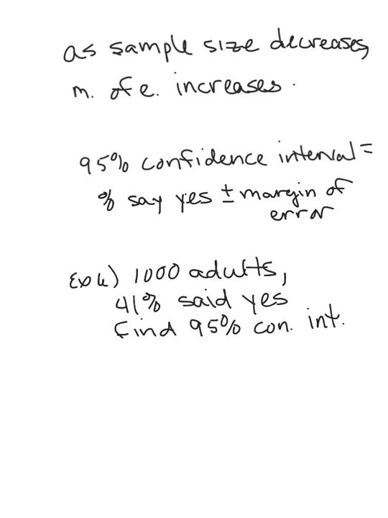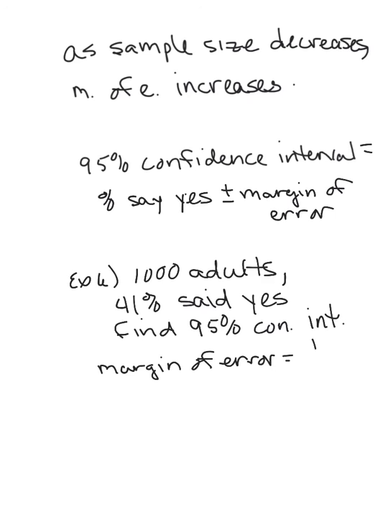So we have our percent who said yes, the first thing that we are supposed to have in a 95% confidence interval. What we don't have is the margin of error, but we have our formula that allows us to estimate margin of error. So the first thing we're going to do is find that margin of error.